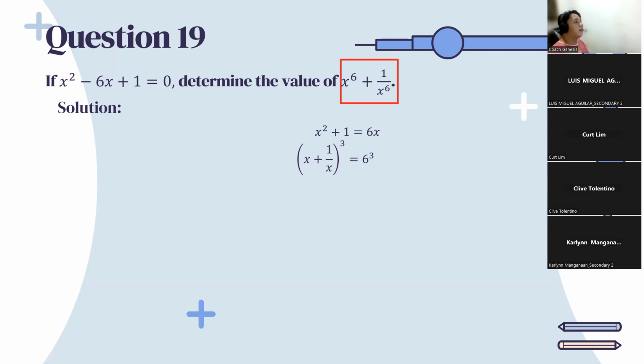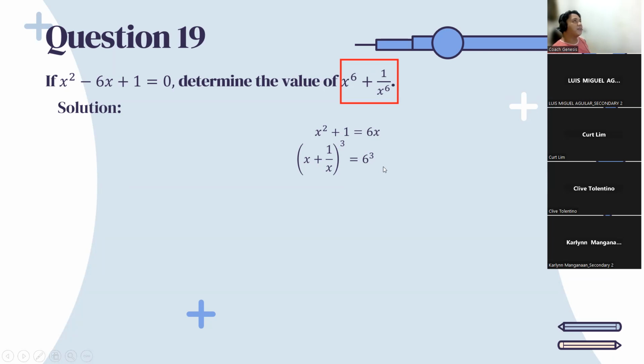Now, you have two options in solving for x raised to 6 plus 1 over x raised to 6. You can either get the perfect square first and then cube, or get the cube first and then use square. However, I think it's easier to get the cube first and then square it.